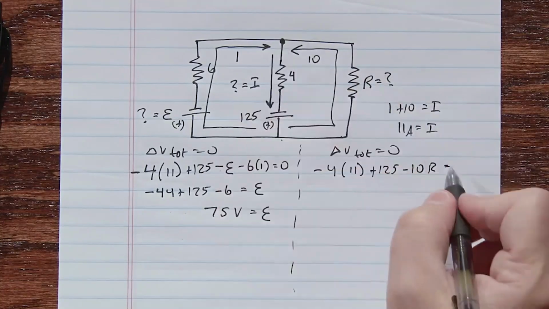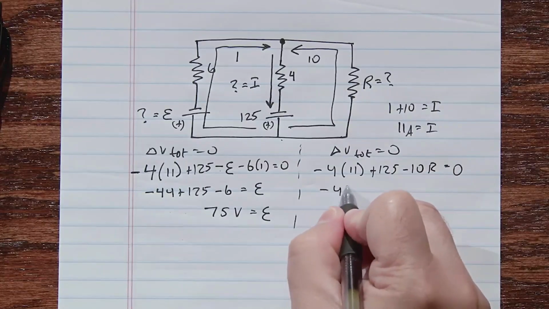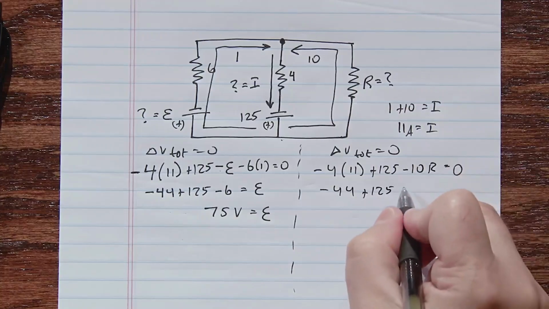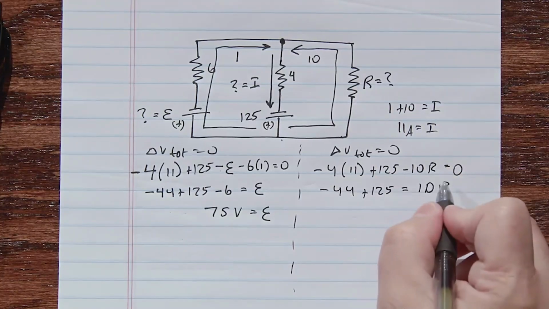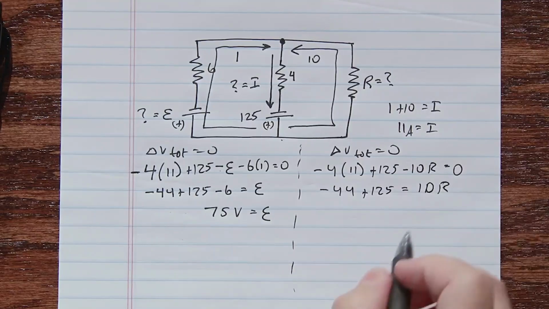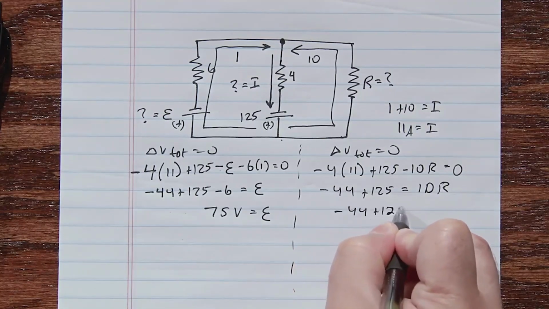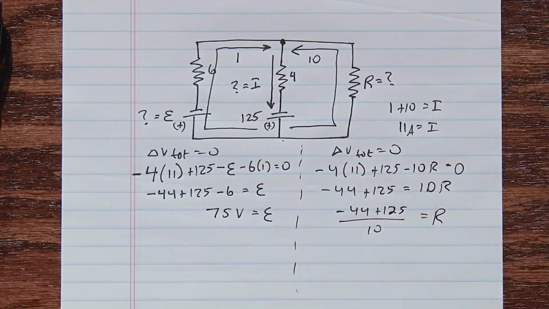And I'm back where I started, equals 0. So I have minus 44 plus 125, and I'll add 10R to both sides, equals 10R, or minus 44 plus 125 divided by 10 is equal to R.